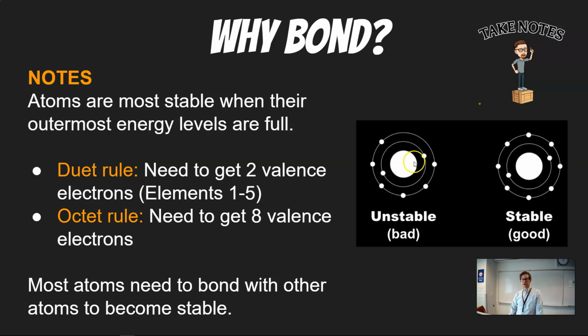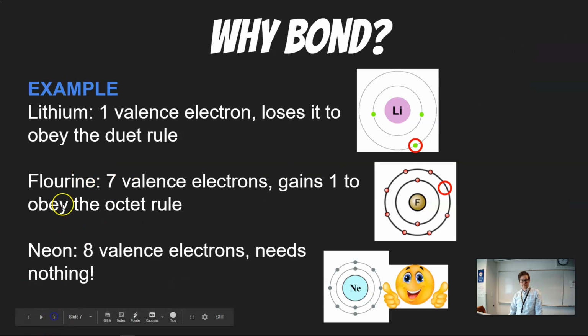Anyway, those 5 elements want to just have 2 in their outermost shell. The ones after that want to get 8, because they will already have 2, and then they want to get 8 in the next one to be stable. And so in order to become stable, most atoms and most elements need to bond with other atoms.